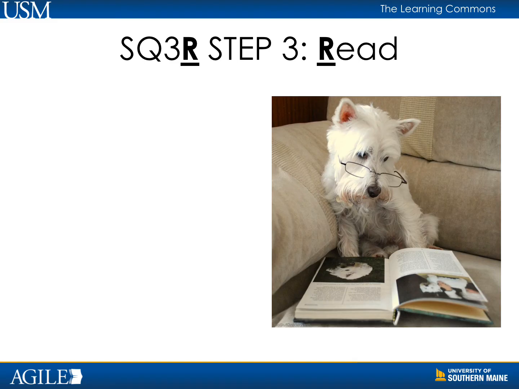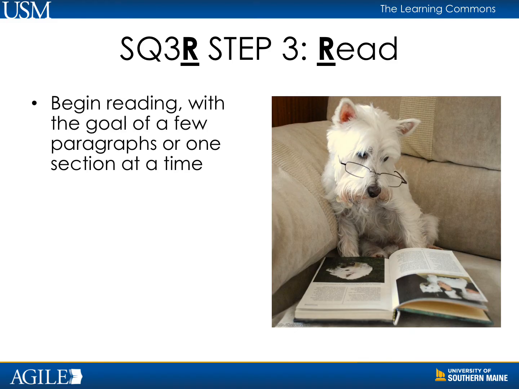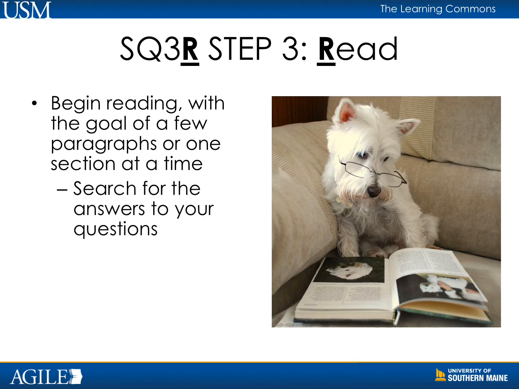Step 3, the first of the 3 R's, is to begin reading, with the goal of a few paragraphs or one section at a time, depending on how dense the material is. Search for the answers to your questions as you go along. Also, pay attention to cues. Cues are the "oh, that reminds me of." If I'm paying full attention, the brain is trying to help you make full connections between the reading and something else you already know or understand.